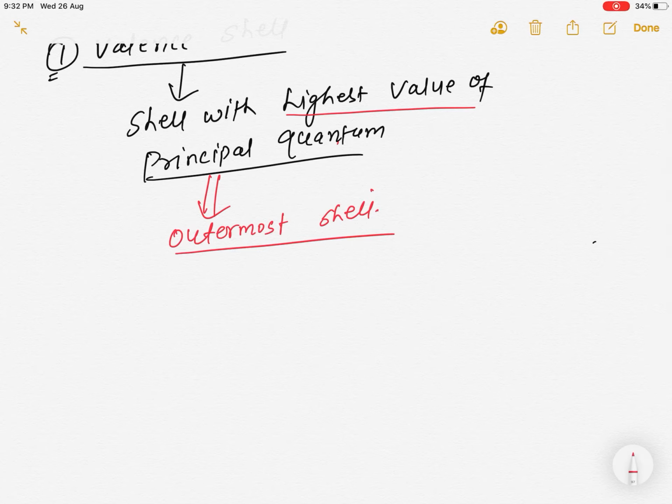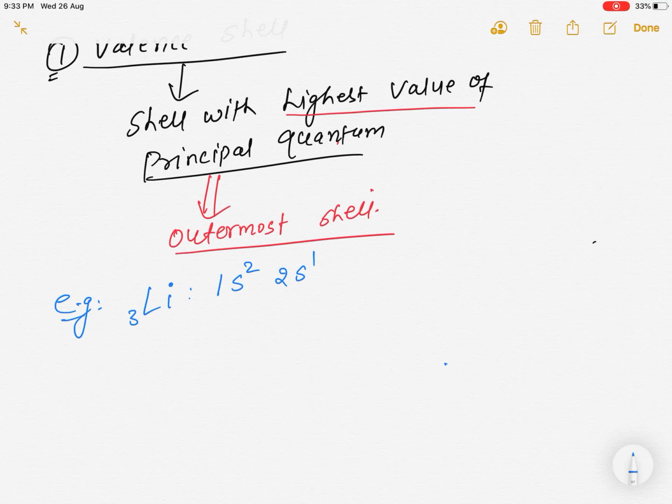So the valence shell will have the highest value of the principal quantum number, or we can also call it the outermost shell. Let's try to understand it through a few examples. For example, lithium, atomic number 3. If you write the electronic configuration, you are going to see 1s2 2s1.